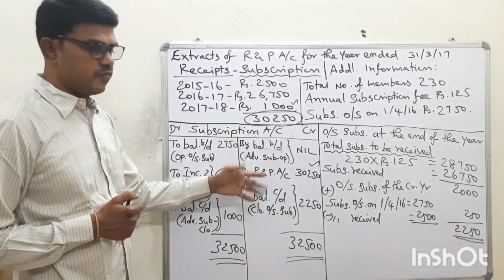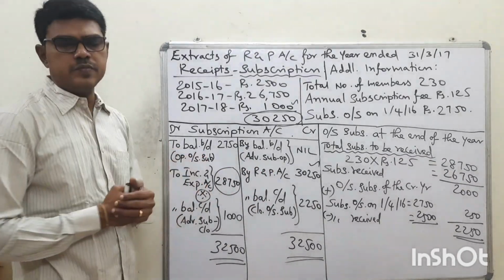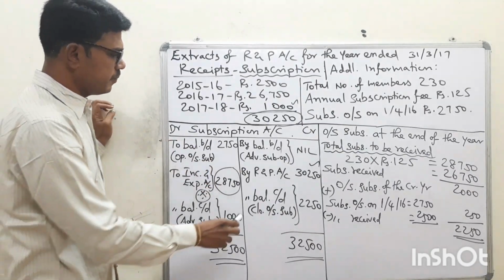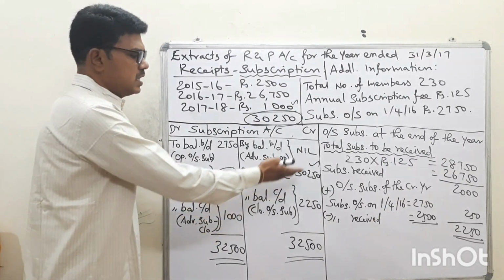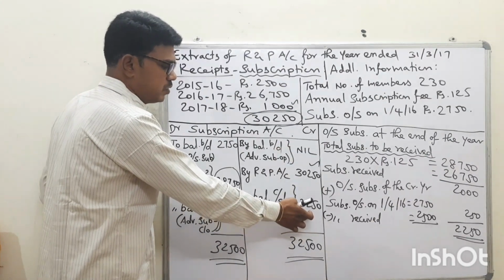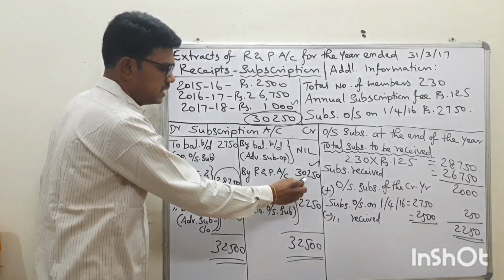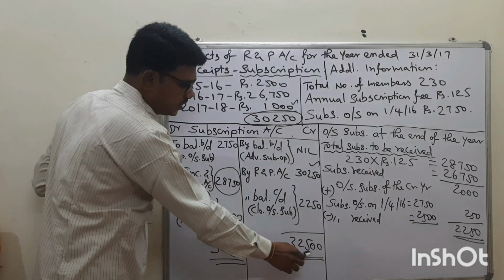If we balance this ledger account, then we can get the income from subscription for the current year. We should see on which side the total amount is higher. Usually this side will have the highest amount, because we are going to calculate the income from subscription, right? 30,250 plus 2,250, 32,500.